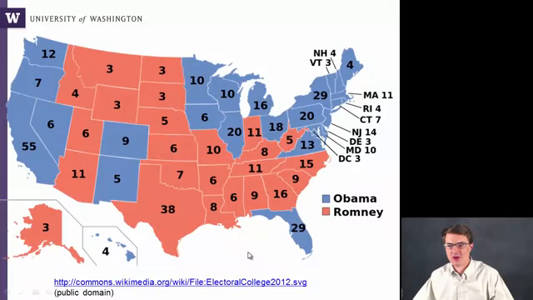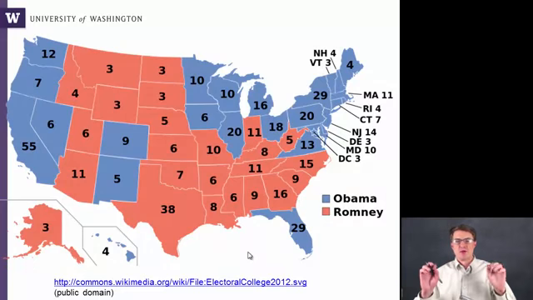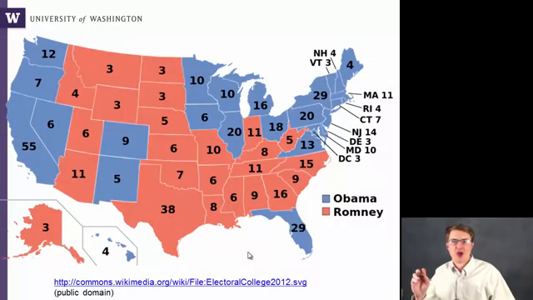Okay. So the first one I want to mention here is the presidential election from 2012, and I know you're probably sick of hearing about this if you live in the United States, and even if you don't, but bear with me. So this is a map of the Electoral College, and each state is colored for the candidate that took the electoral votes, and the numbers represent how many electoral votes each state has.